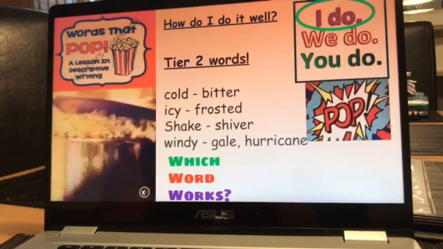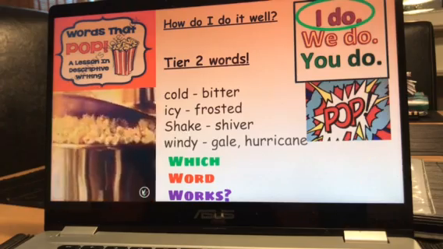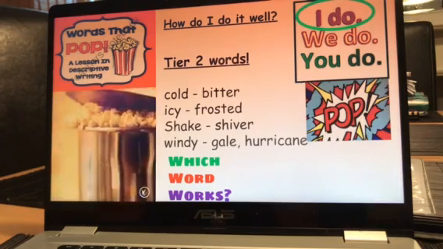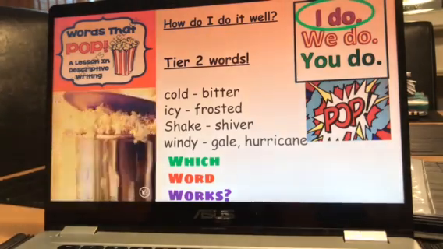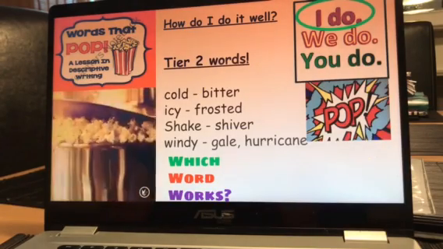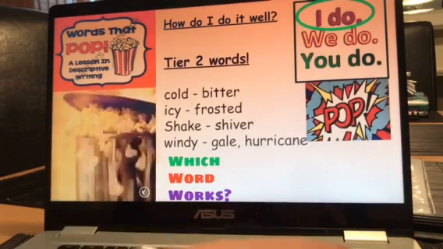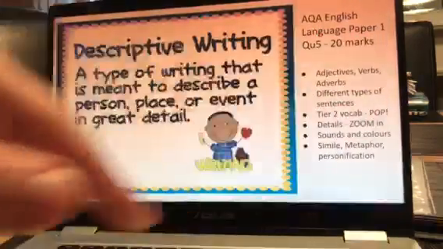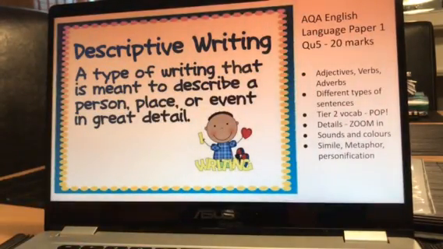So these are our which word works. Which word works the best? Well, windy, shake, icy and cold are not your best options. Bitter, frosted, shiver and hurricane are. Descriptive writing is meant to describe a person, a place or an event in great detail.